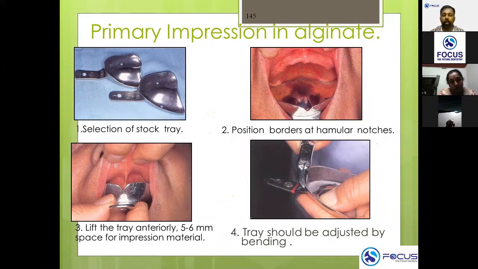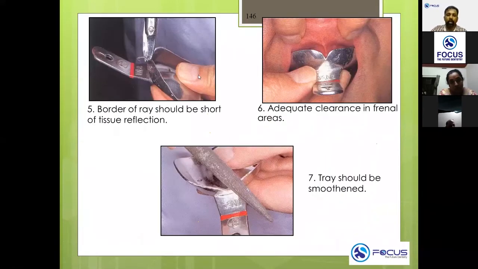From the available stock trays, we will check the position and the size of the stock tray. The tray should be 5 to 6 mm larger than the ridge. Tray adjustment can be done with a plier. After that, the excess we can cut and remove, and wherever we have to shape it, we can shape it.